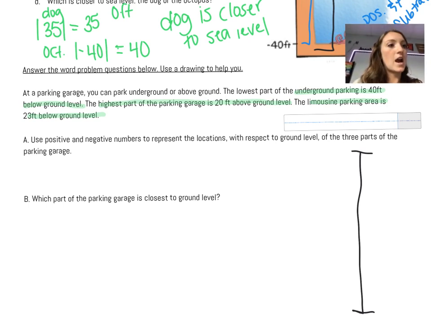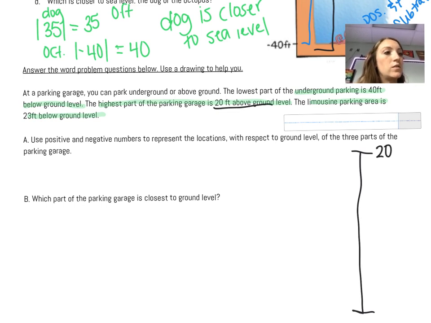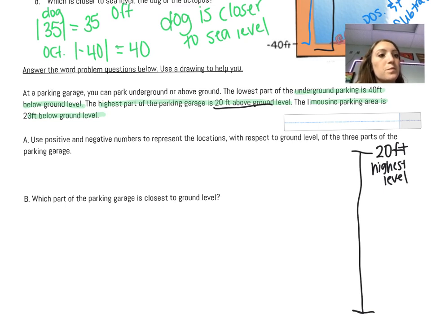Okay, if I have my highest part up here, that's our 20 feet above ground level. My ground level would be at 0 feet.